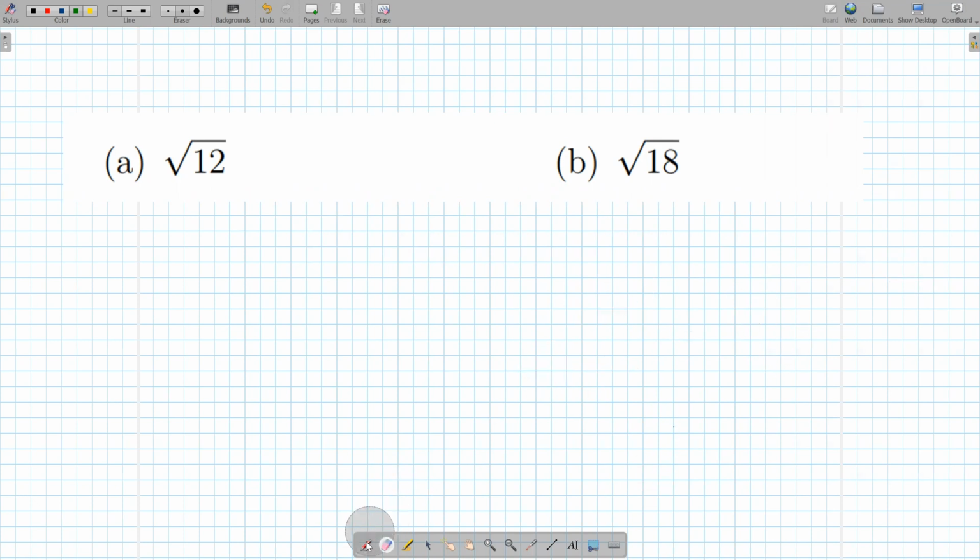But these guys are not perfect. So how do we simplify them? And this is the idea, okay? Because there's a square root outside, we are going to write these in terms of a perfect square times something.